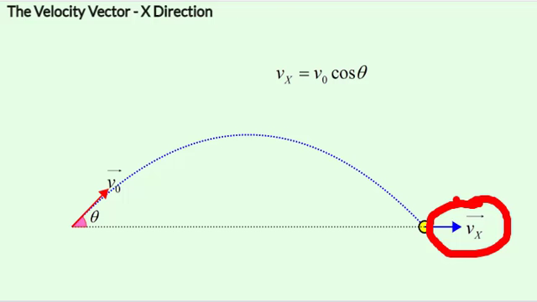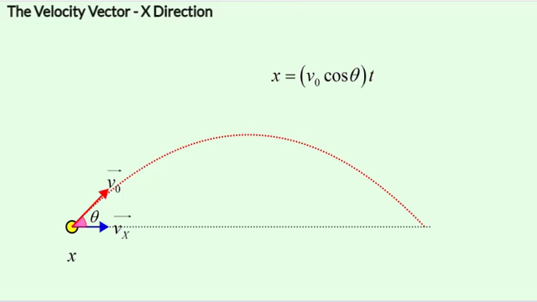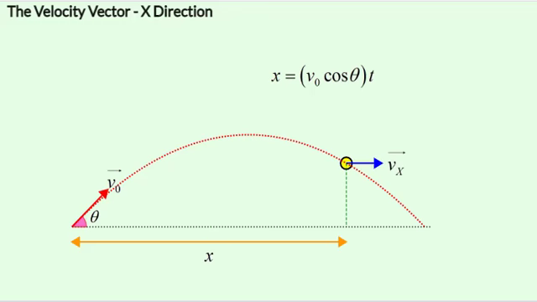Mind you, this is not the total velocity, but only the x component of velocity, which does not change throughout the flight. Now it doesn't matter whether the projectile is here, or here, or here, or here, or at the landing point. This component of velocity does not change.